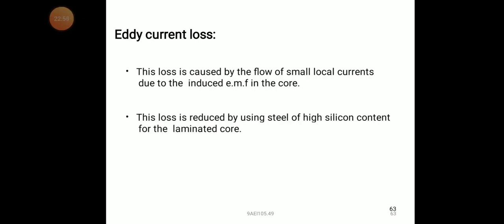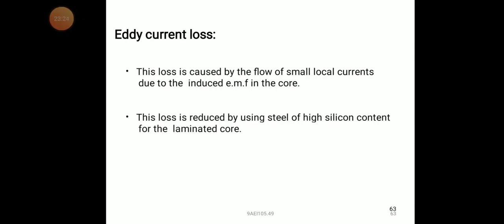In order to avoid these eddy currents, we use the laminated core, not a single thick rod type material. We use the laminated core with high silicon content so that we can eliminate or reduce the eddy current losses.